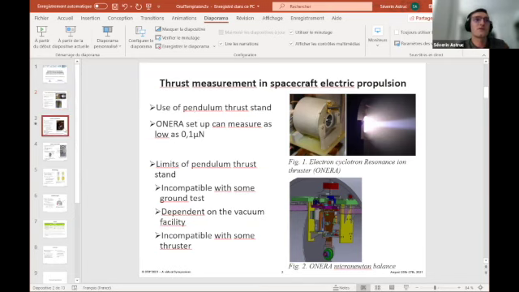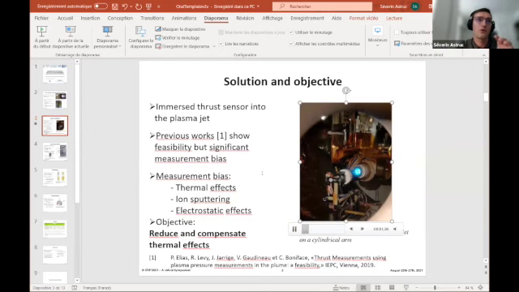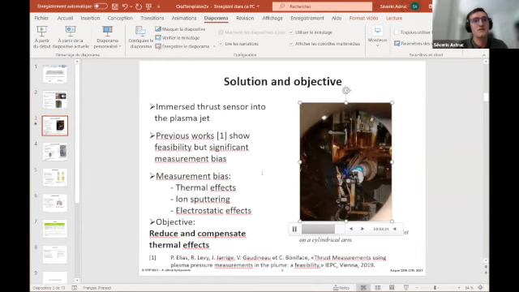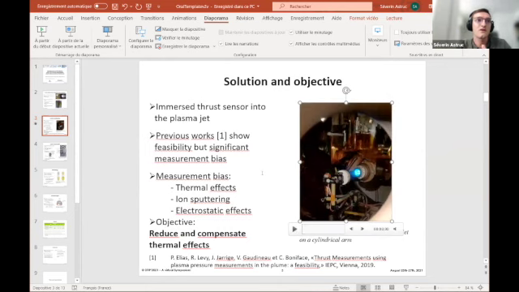So the solution is to immerse a sensor into the plasma jet, like in this image or video. There are diagnostic probes, and we can put them on a thrust sensor to measure the thrust directly. At ONERA, previous works show the feasibility of this solution, but there are significant measurement biases, because the thruster heats the sensor.